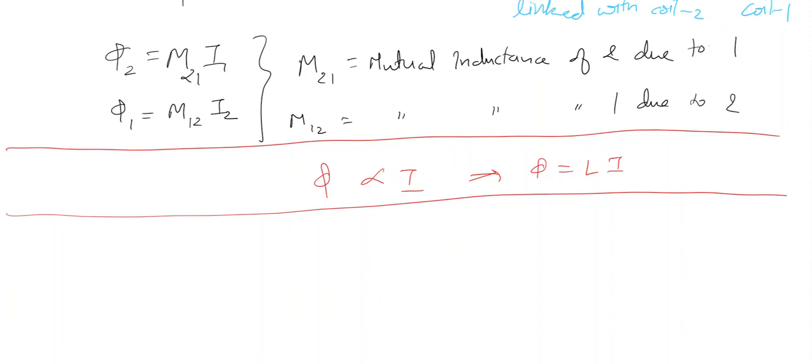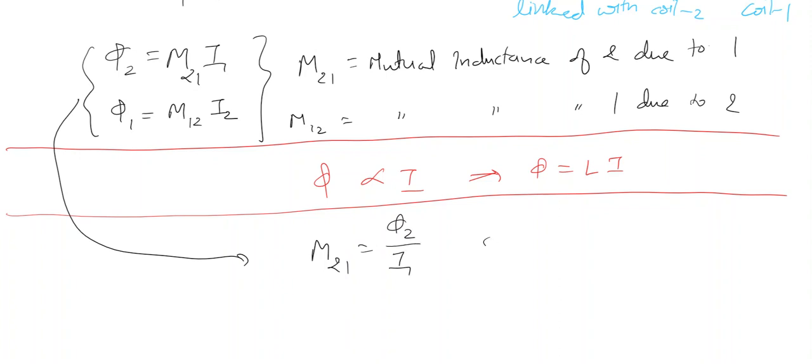But here we have two coils, and so we need to use a suffix. And from this, I can define M21 as phi 2 by I1, or else I can say that M12 is phi 1 by I2.